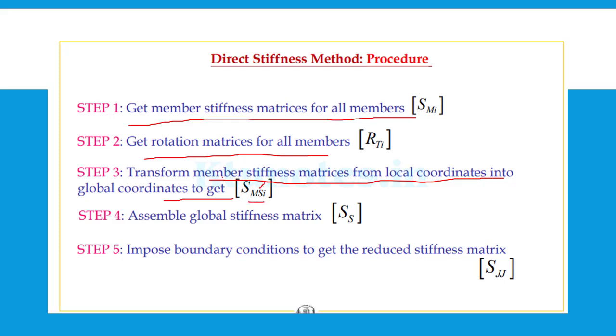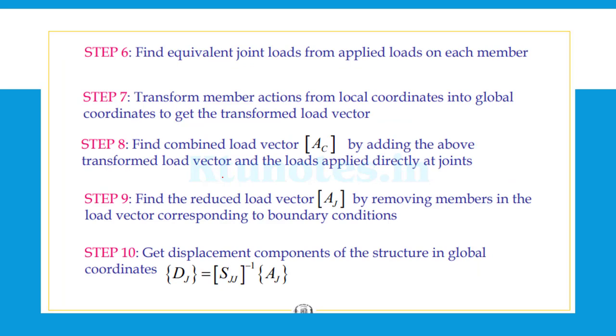And step 4, assemble the global stiffness matrix, what we have seen for the truss by clubbing different 1, 2, 3, 4, 5, 6. And for step 5, apply the boundary condition to get the reduced stiffness matrix SJJ. Then there are some more procedures to find the member end actions.